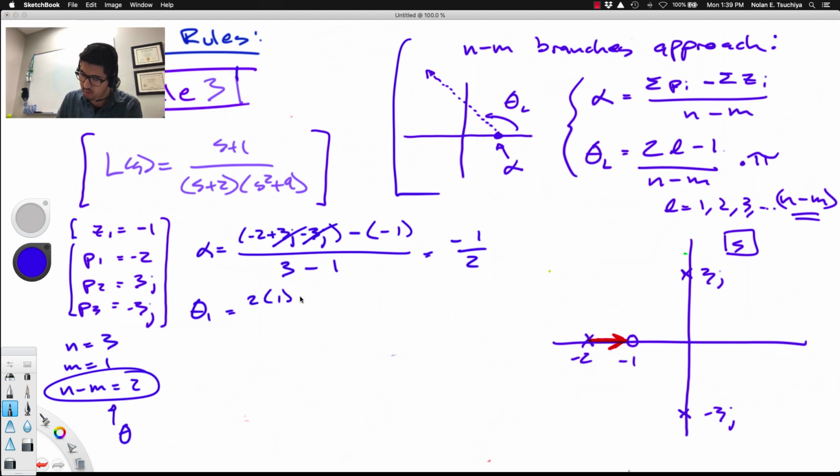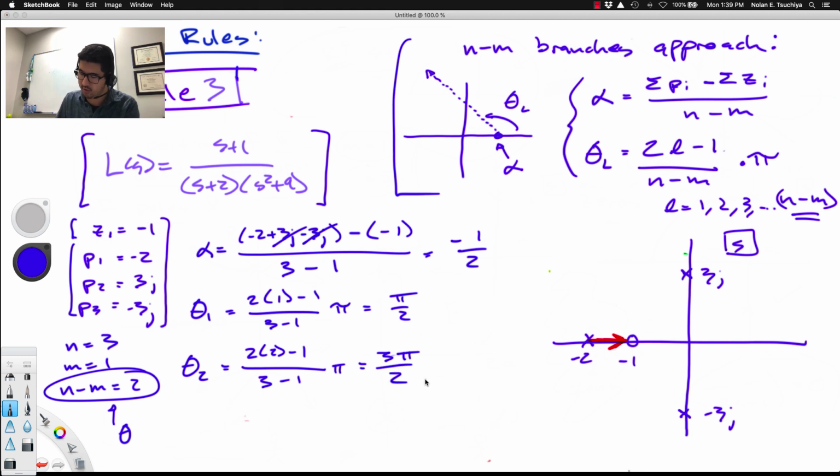So it's 2 times 1 minus 1 over n minus m, which is 2, times pi, which gives me pi over 2. That's the first asymptote. I also need another one because there are 2 branches that go to infinity. This time, L is equal to 2, so it's 2 times 2 minus 1 divided by n minus m times pi, which gives me 4 minus 1, which is 3 pi over 2. Those are the 2 asymptotes I'm going to need.